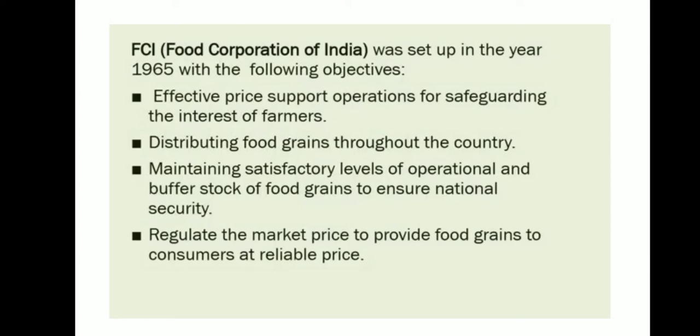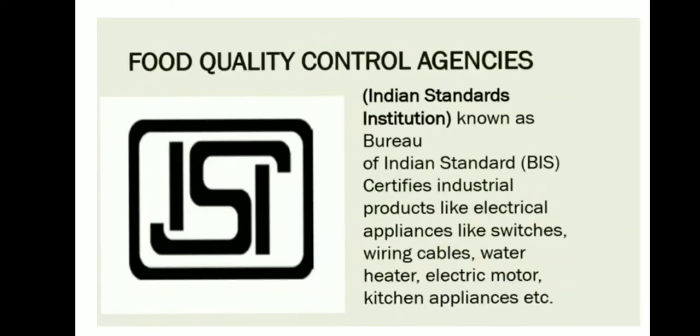Not only that, they regulate the market price, so that the consumers also get the normal price value. At the same time, farmers also should not be affected. So in that case, the FCI is taking much care in satisfying the consumers as well as the farmers.